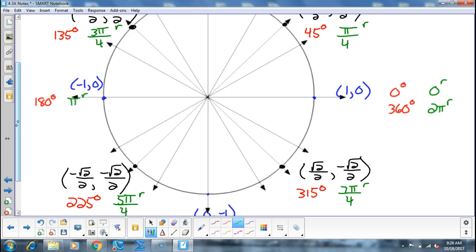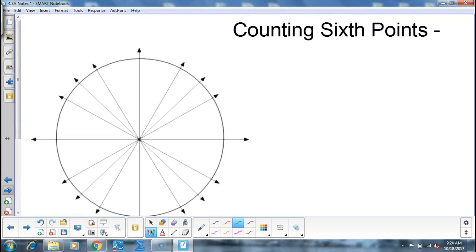All right, so now let's go with our sixths. Let's fill in some more here. So I'm going to go with this one as my triangle now. Okay, so there's my triangle.